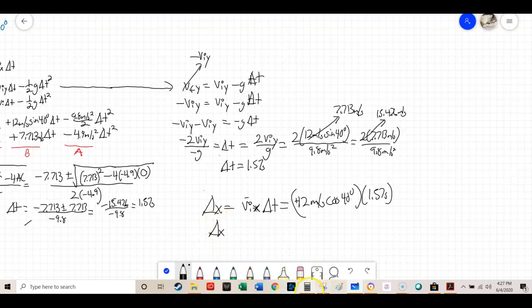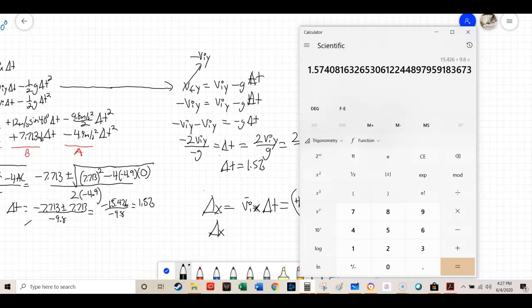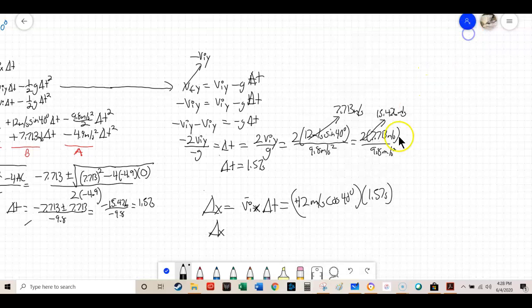Let's do some calculator stuff. 12 times, and we're going to do 40 degrees, and cosine of that, which is 9.193.